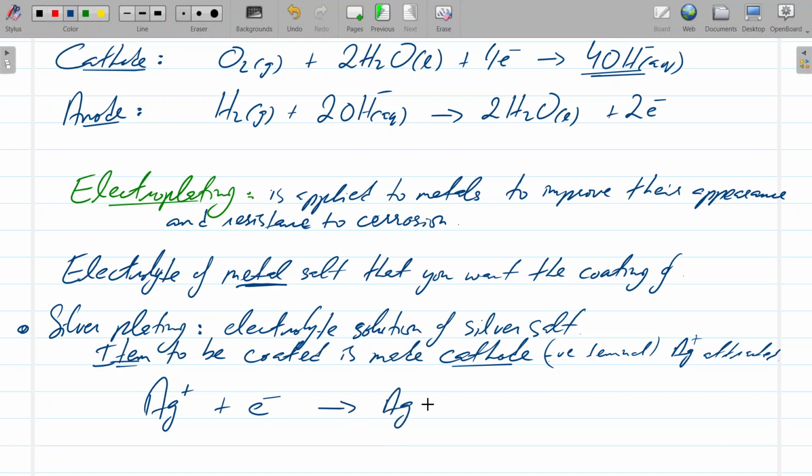Silver is being deposited onto the surface of the item, which is the cathode.